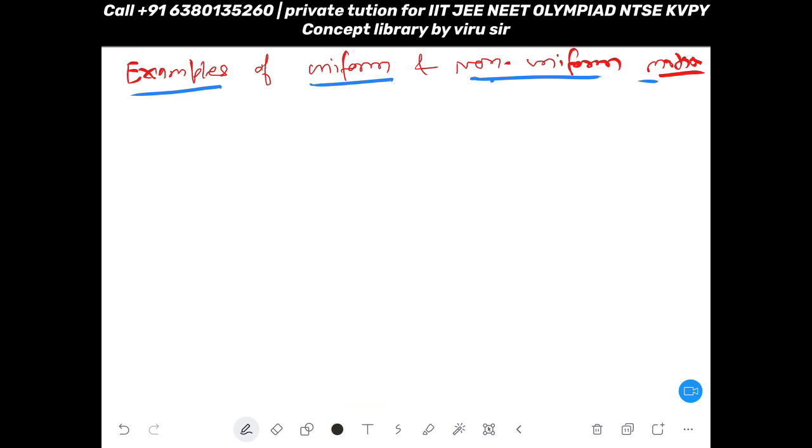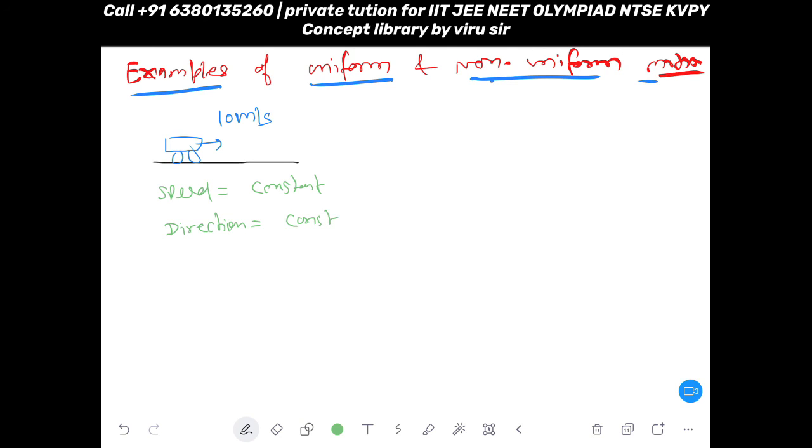See, suppose there is a straight line. On this straight line, any vehicle is going in this direction with speed 10 meter per second. So here speed is constant because it is 10 meter per second only, and here direction is also constant.